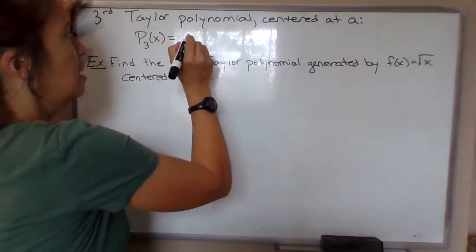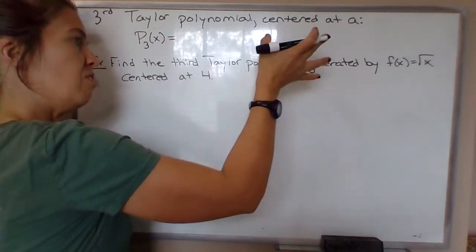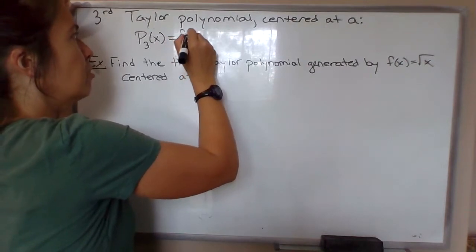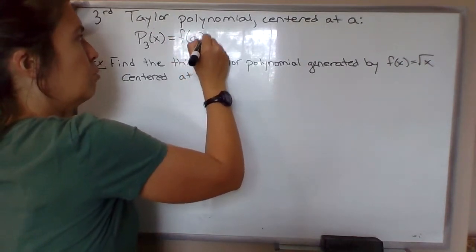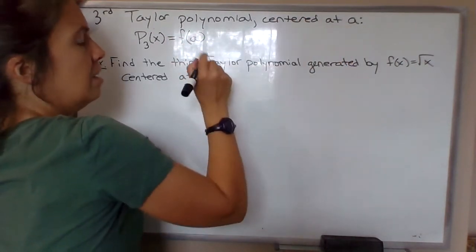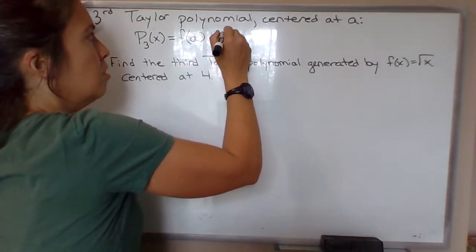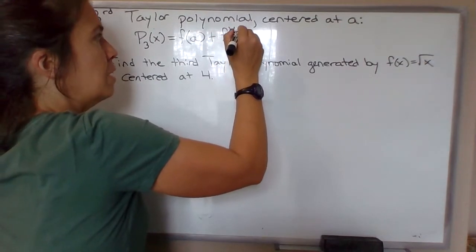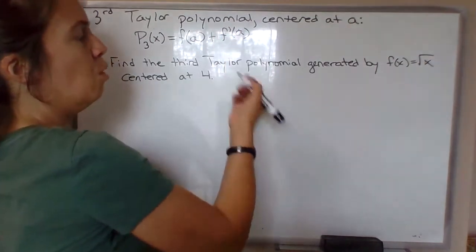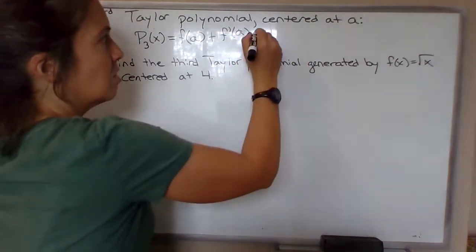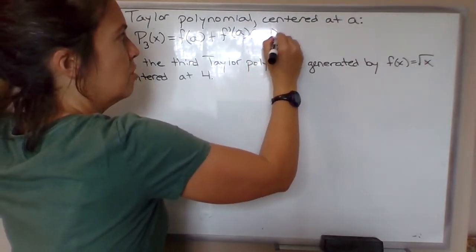So P3, which would be, think of it as the zeroth derivative, which is the original function, evaluated at the center, which we're going to say is centered at a, times x minus a to the 0, which is 1, plus first derivative evaluated at the center, which is a, over 1 factorial, which is 1, times x minus a to the first. Okay?